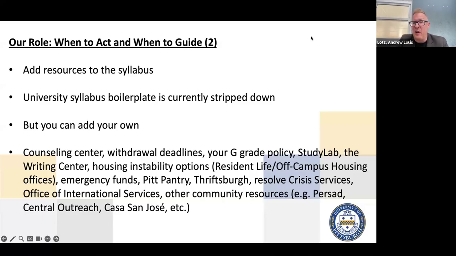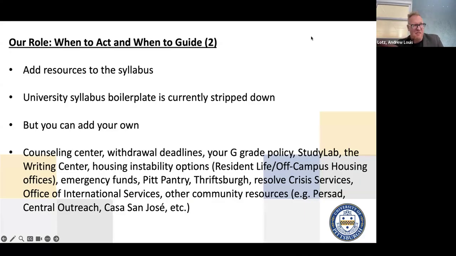There are some options for housing instability. One of the big stressors of our students is housing instability. And so reminding them, hey, if you're having a problem with your social situation with your roommates, Resident Life can help. The campus housing offices can help you if you're experiencing a crisis in your off-campus housing.